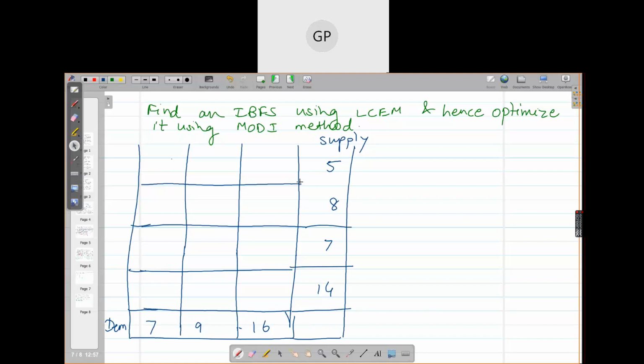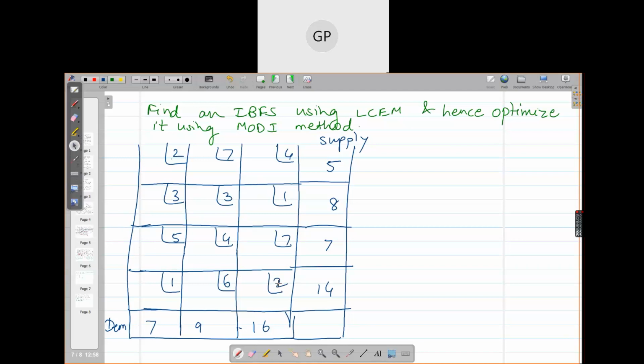So usually I told you, if you find initial basic feasible solution by VAM, usually that IBFS itself is the optimal solution. Okay. So the values are 2, 7, 4, 3, 3, 1, 5, 4, 7, 1, 6, 2.